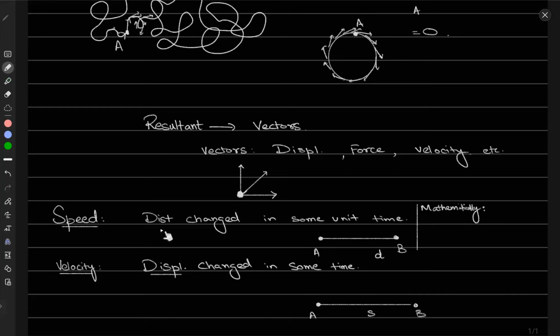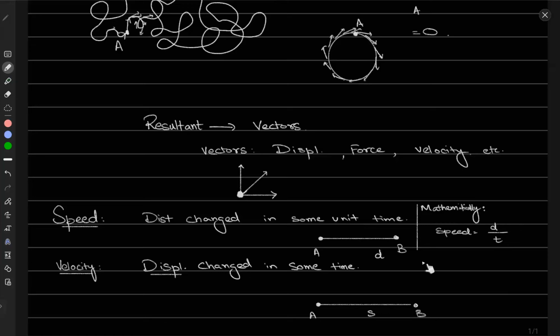So, converting this English into mathematics, that distance changed in some unit time, it just means that mathematically I can say that speed is really some distance d divided by time, which means per unit time. So distance divided by time, which means how much distance it covered per unit time, right? So that's speed.